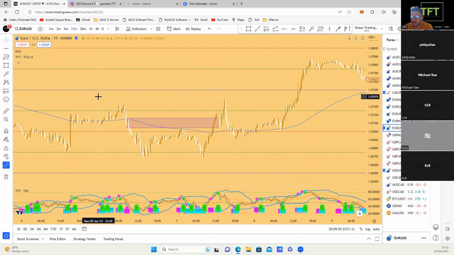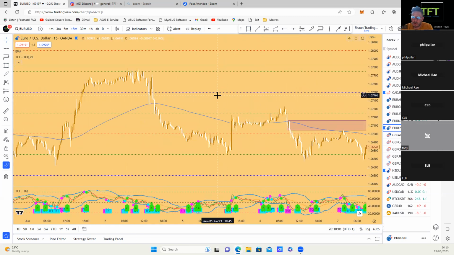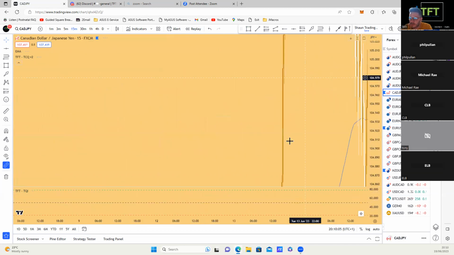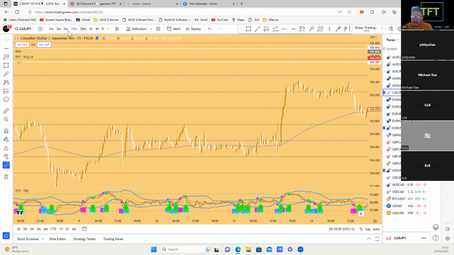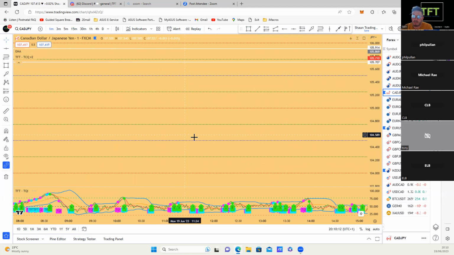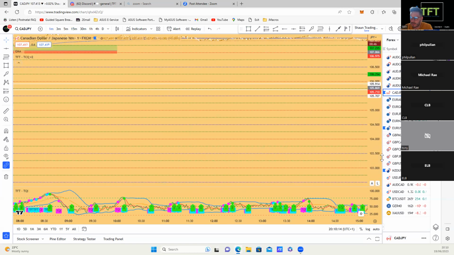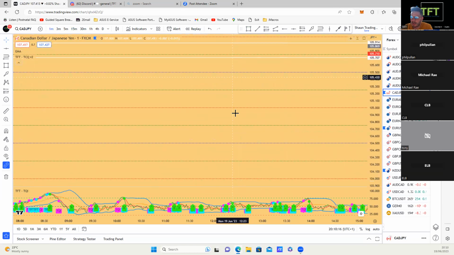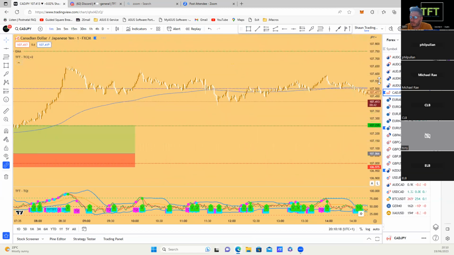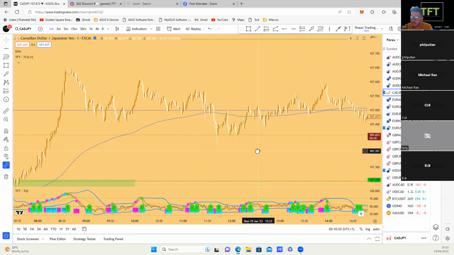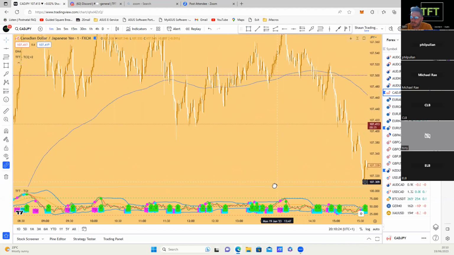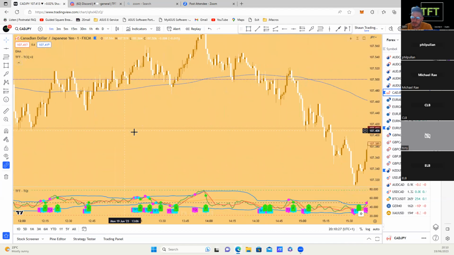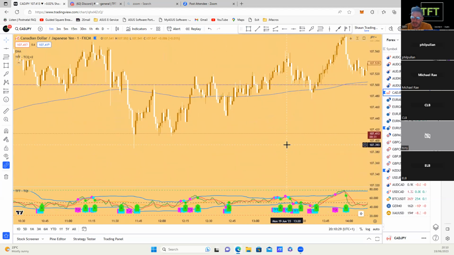But what I'll do is show you, actually it does it well on CAD JPY. I like CAD JPY, so let's go to CAD JPY. I like CAD JPY in the 1 minute because for me, 1 minute it does it all the time. Let me show you what I mean. Okay, so each one of these candles, guys, is obviously 1 minute.